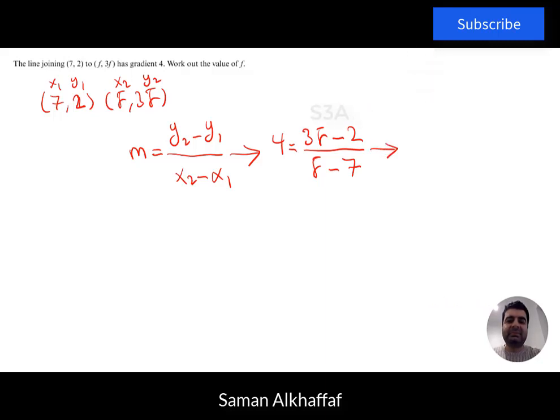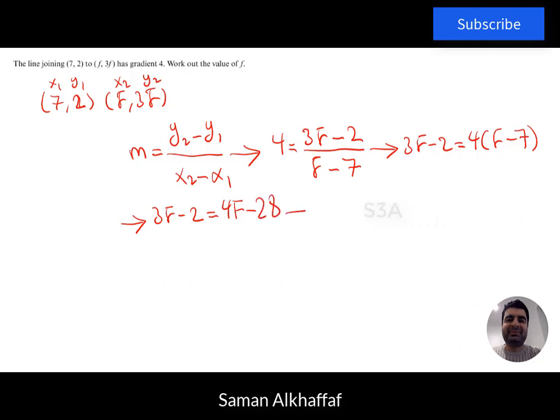In this scenario, we would have 3f minus 2 on one side, and we have the 4 multiplied by f minus 7. So we'll try to simplify this expression further, so that would give us 3f minus 2 equal 4f minus 28. So we move the f's to one side and the numbers to one side.